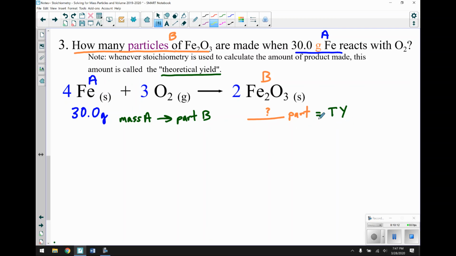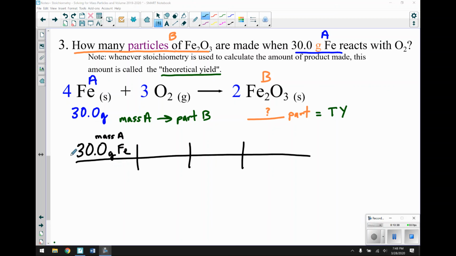But because this is done using stoichiometry, and stoichiometry predicts what you should make in theory in this chemical reaction if it were perfect, it's called the theoretical yield. So you'll see that term come up now and again, theoretical yield. In fact, it's going to come up in the first stoichiometry lab that you guys work on.